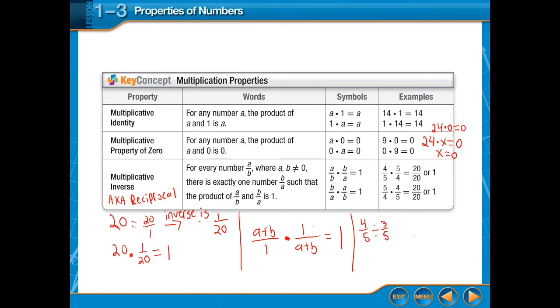Normally, whenever you do 4/5 divided by 3/5, you always keep, change, and flip.